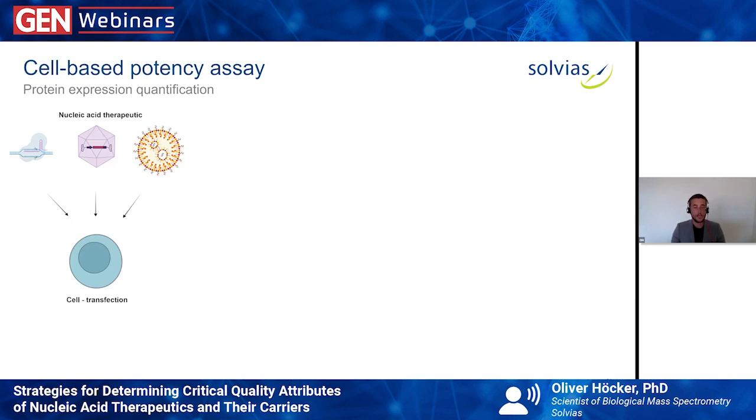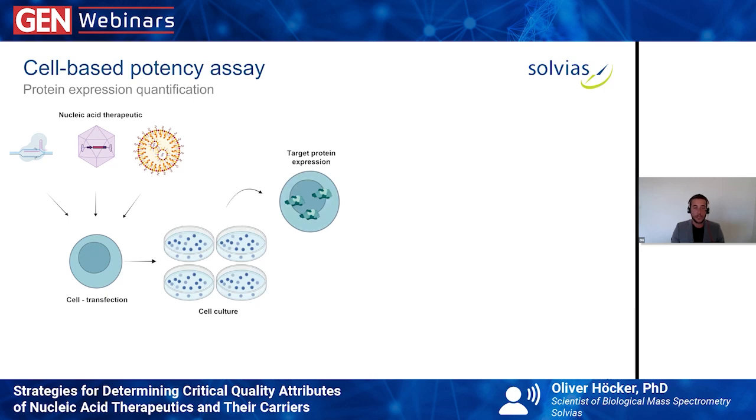The nucleic acid therapeutic enters the cell, a transfection. The cells are kept in cell culture, grown, and kept alive. Then within the cell, due to the therapeutic, the effect happens, and a target protein is expressed or a target protein is reduced.